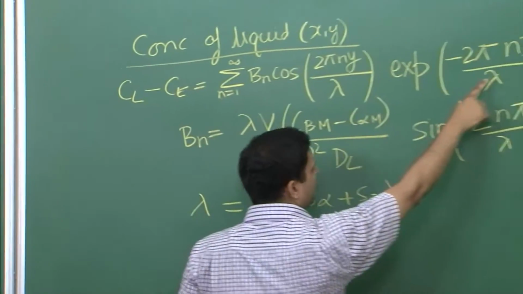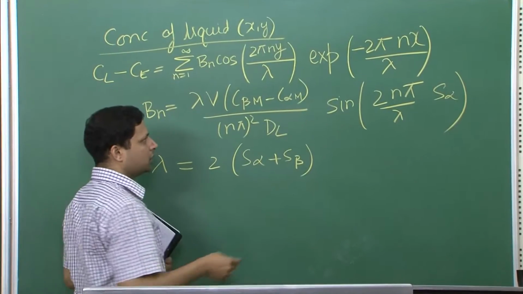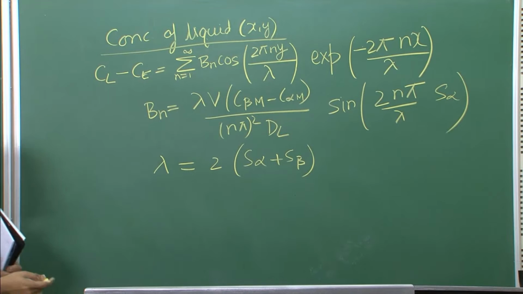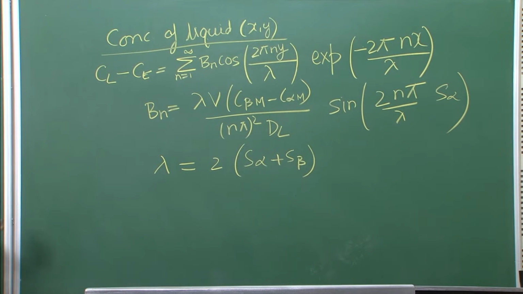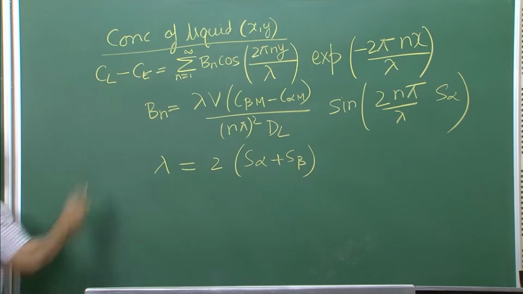At x equal to very large values, in fact not even very large, at the order of a few lambdas, this value comes down to 0, which means Cl becomes equal to Ce.